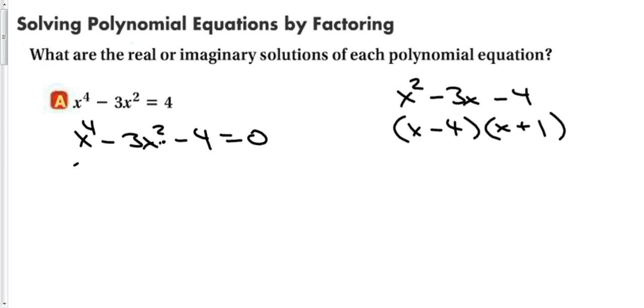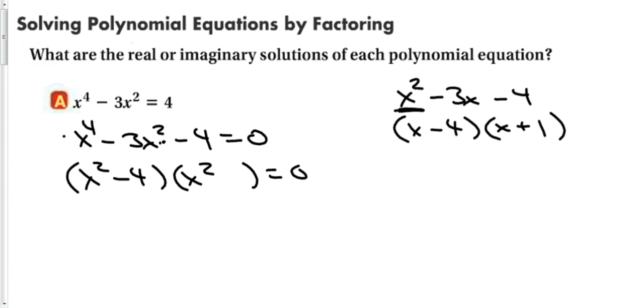But instead of my first terms multiplying together to give me x squared like they do here, I want my first terms to multiply together to give me x to the 4th, which means that I'm going to start with x squared. And I'm going to have x squared minus 4, x squared plus 1. Now, unfortunately, over here, where we started with a quadratic, we're now done.